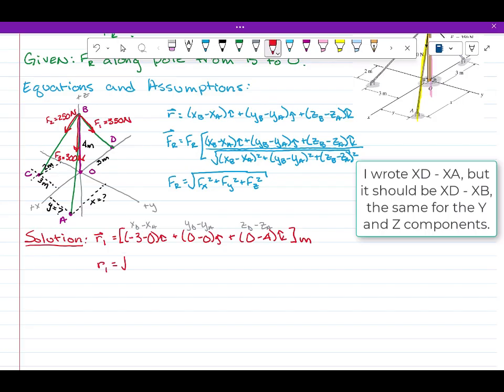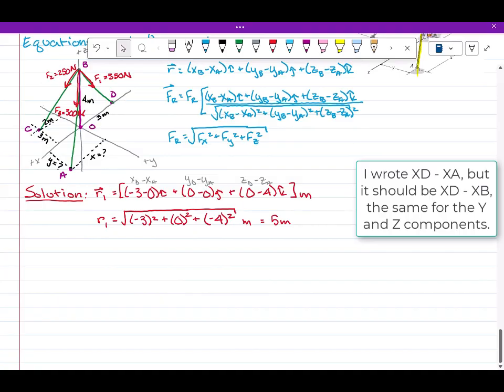Next, the magnitude of R1 is the square root of the sum of xd minus xb squared, plus yd minus yb squared, plus zd minus zb squared. That means that the magnitude of the position vector R1 is equal to 5 meters. Finally, the vector form of F1 is equal to the magnitude of F1 times the ratio of our position vector R1 divided by the magnitude of R1.